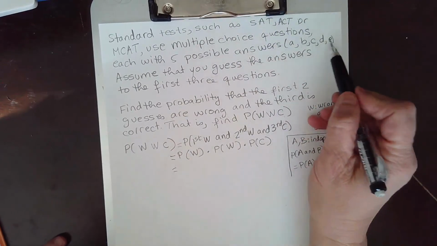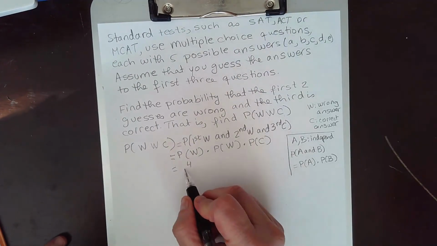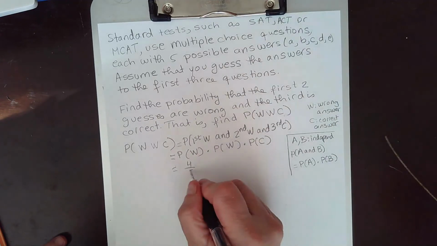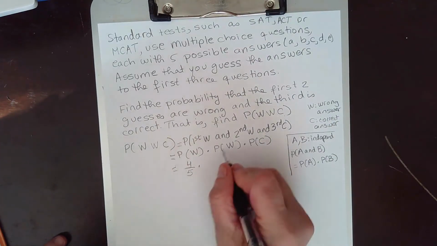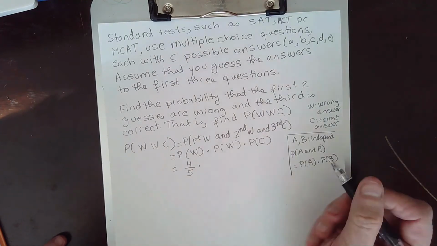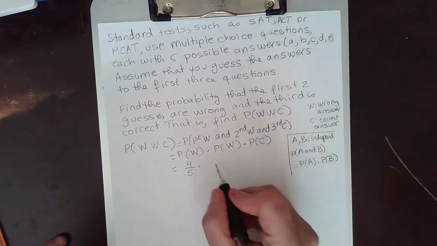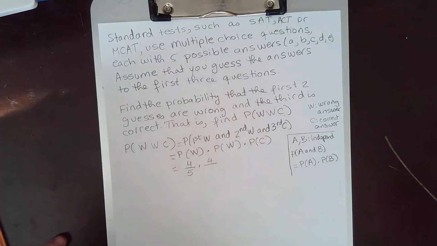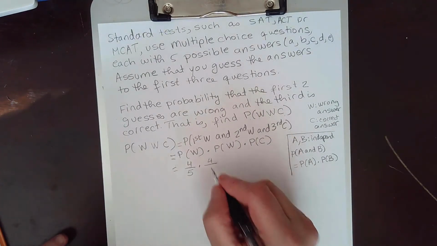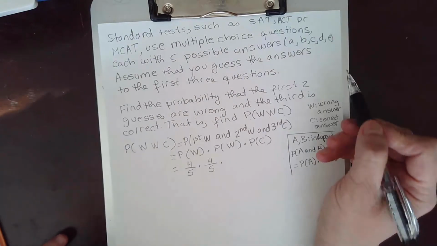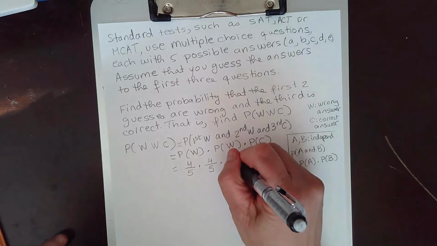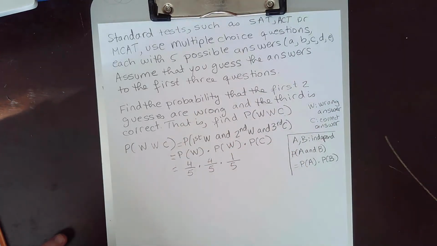Well, 4 of them are wrong, 4 out of 5 possible answers. Times the probability of the second wrong, also 4 answers are wrong out of 5. Now the probability of correct: one of them is correct, so it's 1 out of 5.